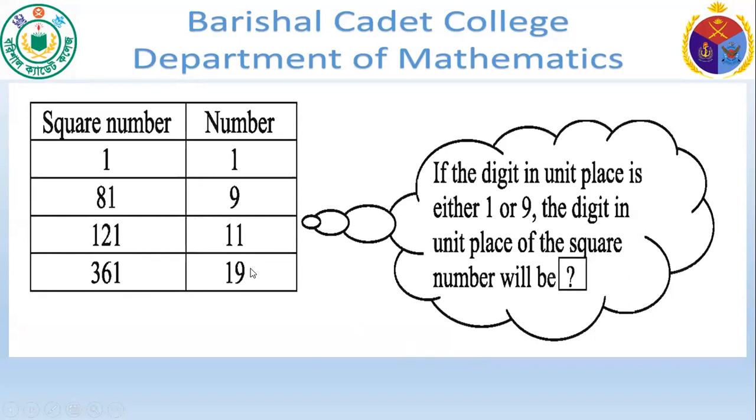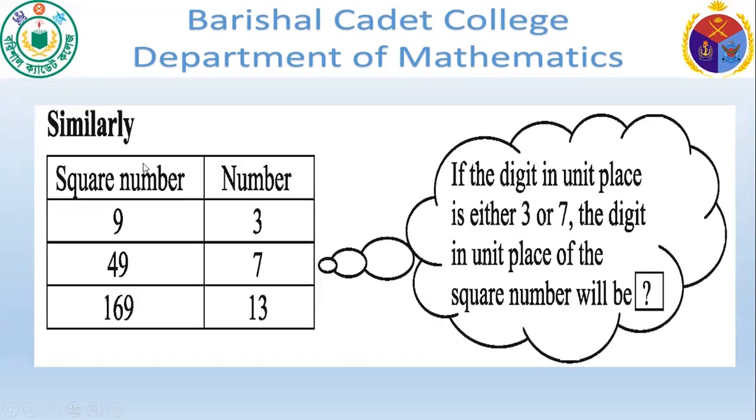If the number is 19, then its square will be 361. So we see that in each case the unit place is 1. So we can say that if the digit in the unit place is either 1 or 9, then the unit place of the square number must be 1.